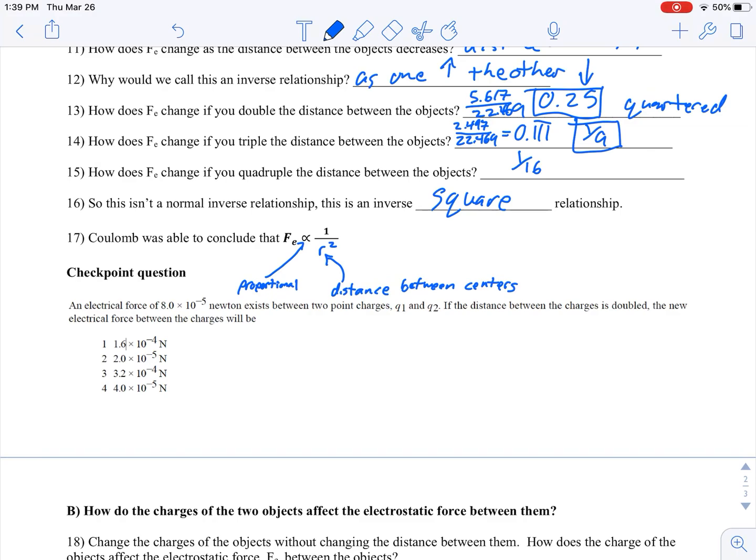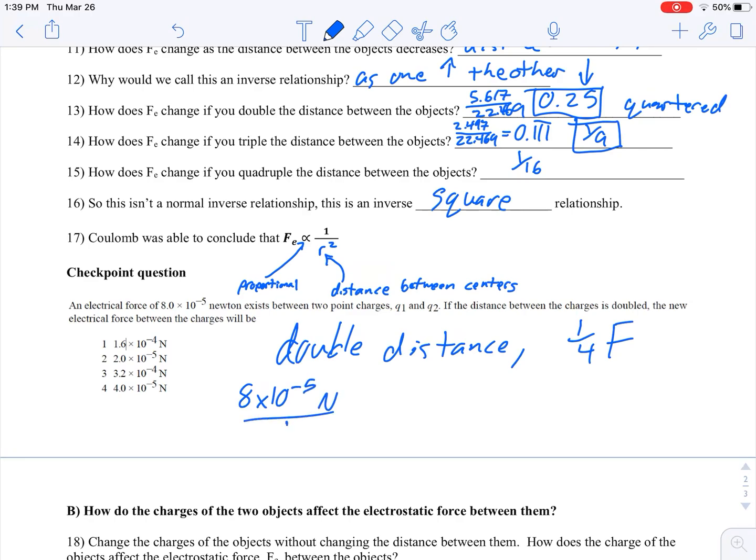If the distance between the charges is doubled, the new force will be, well, we just established that if you double the distance, you get 1/4 the force. So we basically take that original force and divide it by 4. So 8 times 10 to the negative 5 newtons divided by 4, we get 2 times 10 to the negative 5 newtons.